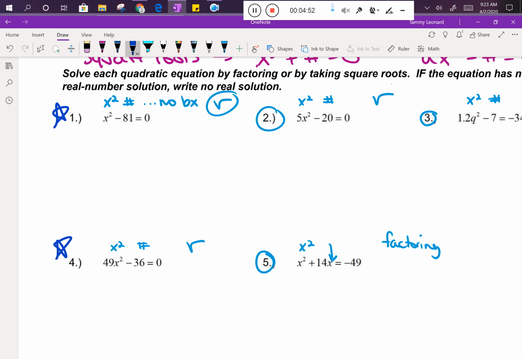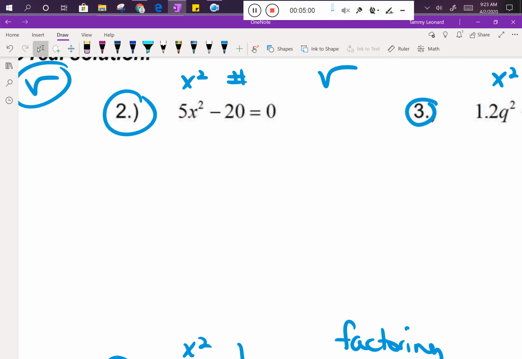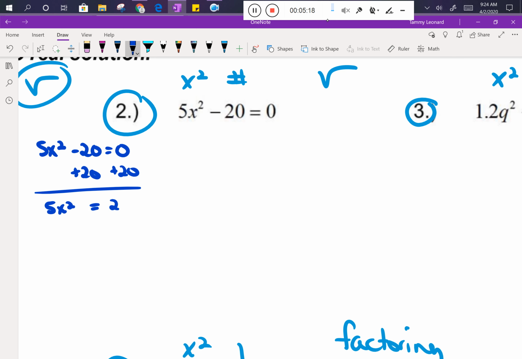I mentioned that I'm going to do number 2 two different ways. First, I'm going to do it straight by solving by square roots. So I'm going to take the 5x squared minus 20 equals 0, and I'm just going to get x squared alone. I'm going to add 20. So I have 5x squared equals 20.